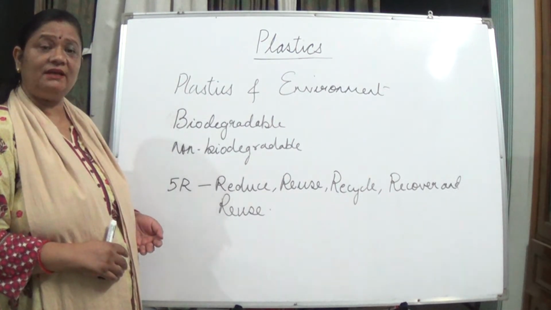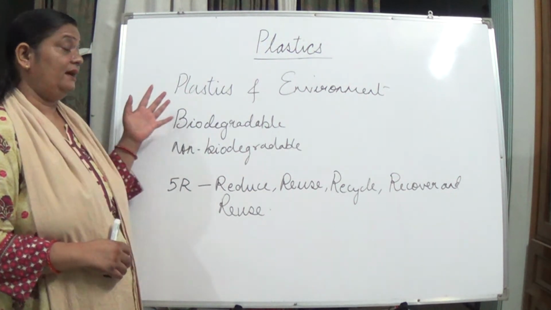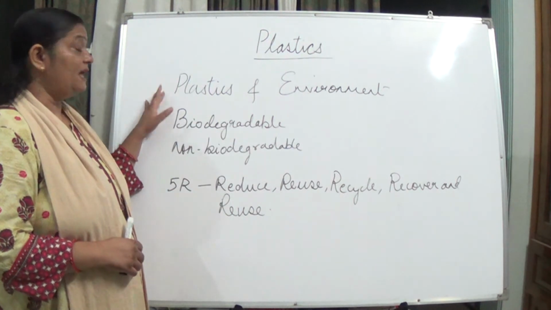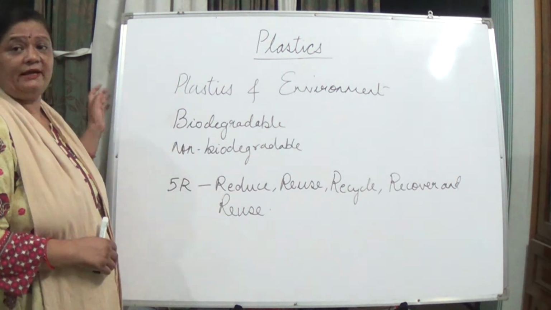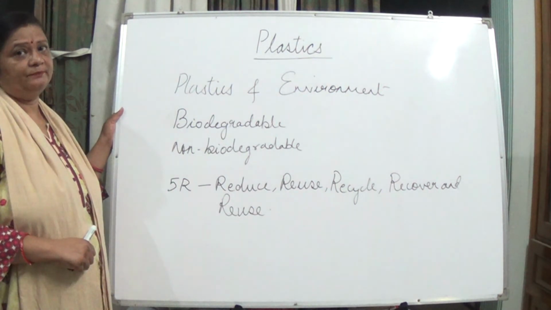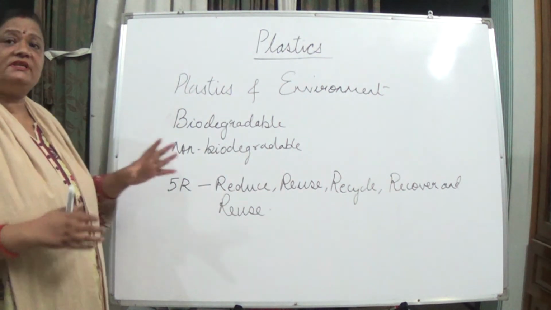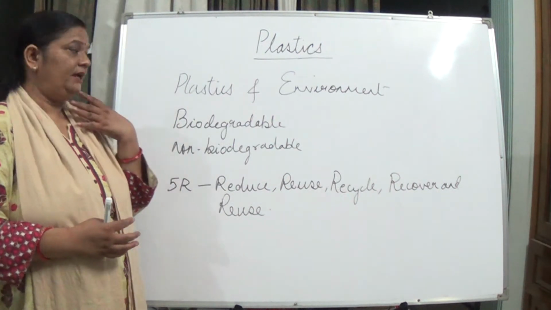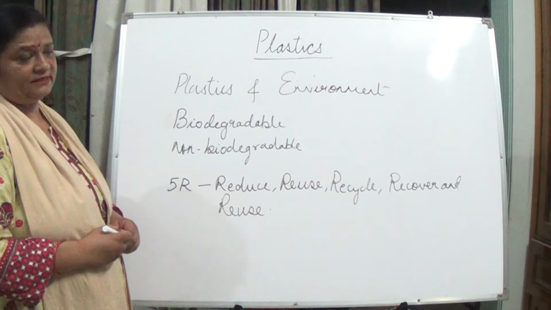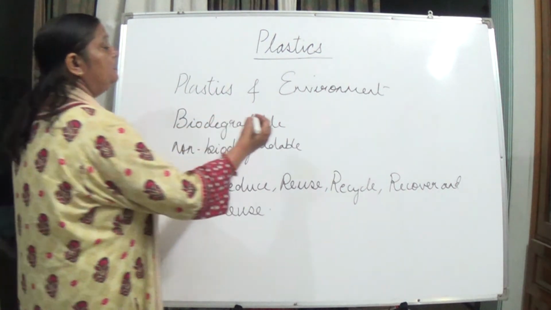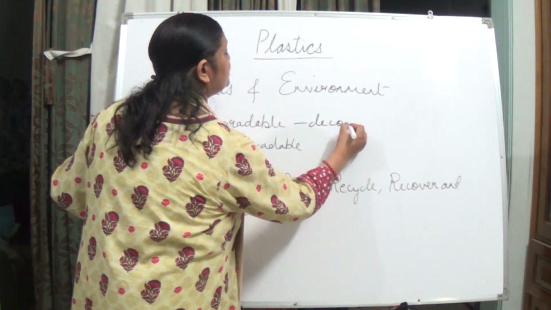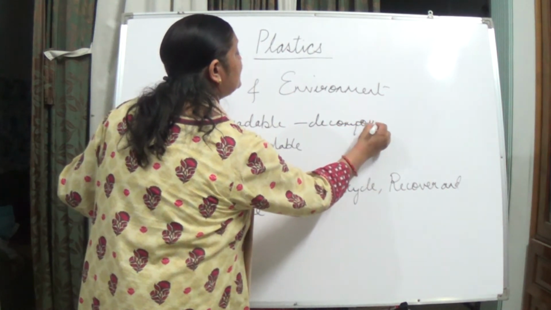Now let us see how plastic and environment are connected. These plastics, as we say, don't get decomposed easily. Anything which can be decomposed easily is known as a biodegradable substance.